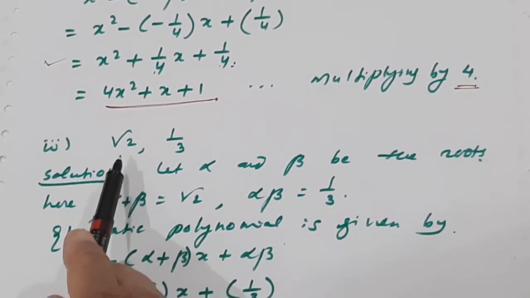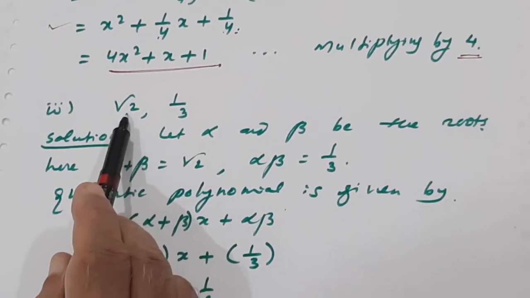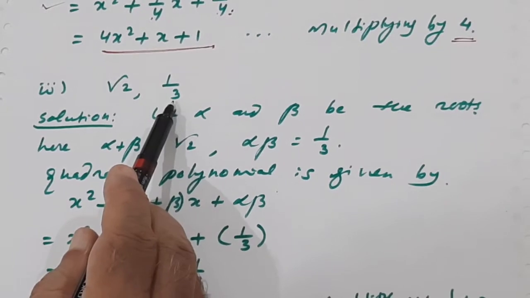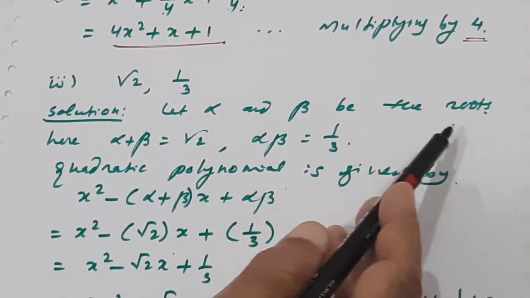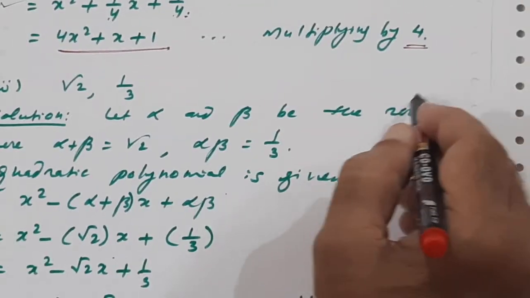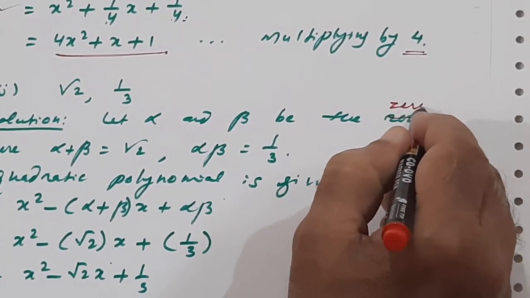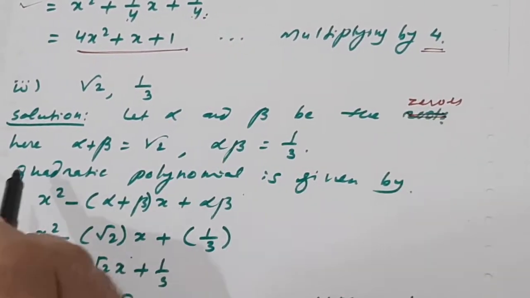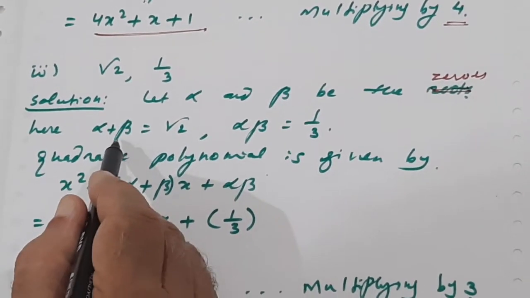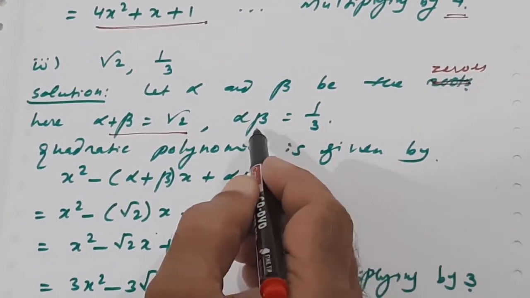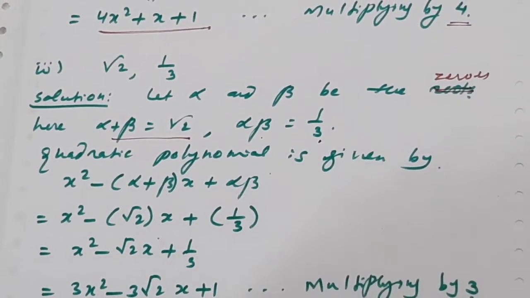Anyway, now let us take one more example. The sum is root 2 and the product is 1 upon 3. We begin the same way. Let alpha and beta be the zeros of the quadratic polynomial. So here alpha plus beta is root 2 and alpha beta is 1 upon 3.